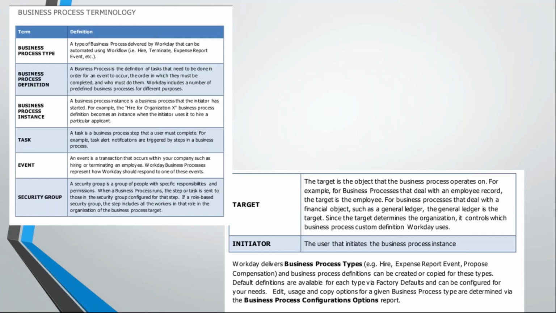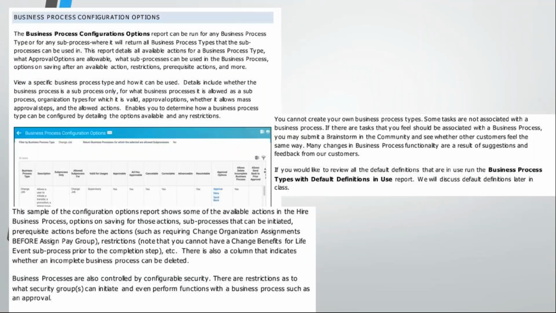Moving on: we discussed the business process types and terminologies, and now we will move on to the business process configuration options. There is a task in the Workday tenant called business process configuration options, which we use to understand that a specific business process has certain functionalities.